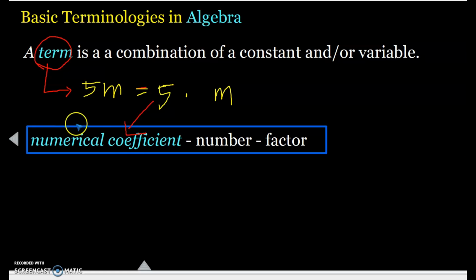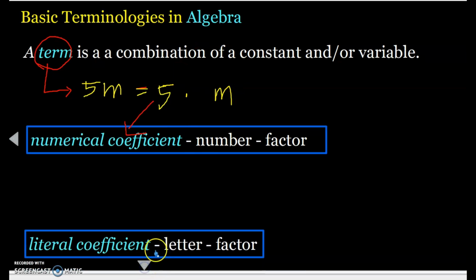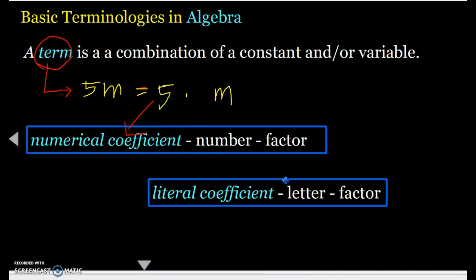What term do we have for m in algebra? We have the term literal coefficient. So m here is known as the literal coefficient. Again, from the given term 5m, 5 is the numerical coefficient and m is the literal coefficient.